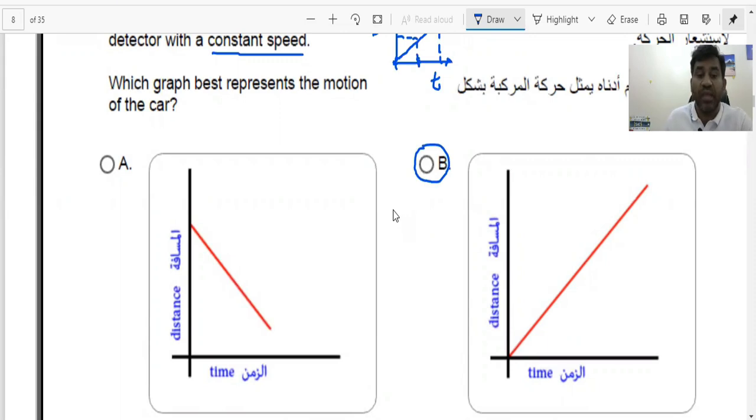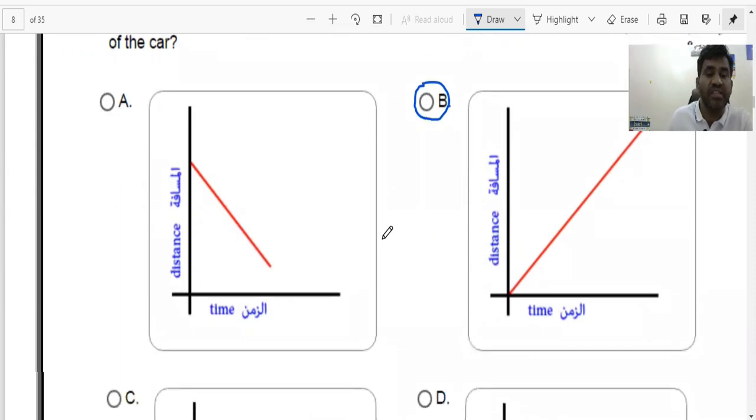Now why can't I go with A? Because A also represents a straight line, but in the opposite way. A represents a situation where the car is going towards the motion detector. As it goes nearer to it, as the time increases, the distance decreases. For example, at time equal to 1 second, the distance was 10 meters. At 5 seconds, the distance was 5 meters.